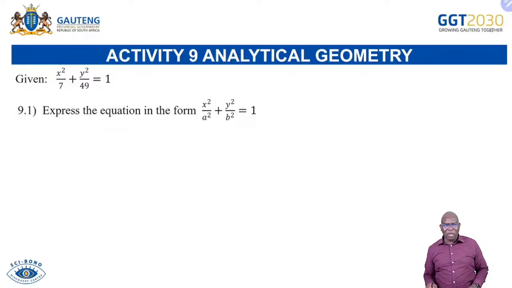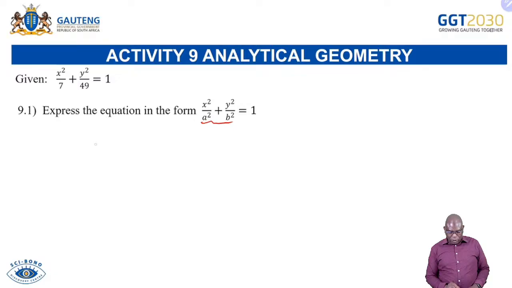I'm going to get the square root of 7, which is between 2 and 3, since the square root of 9 is 3 and the square root of 4 is 2. So 7 will be between those two numbers. The first thing they will ask you is to write it down in this form. Why? Because they want to make sure that when you draw your ellipse, you are drawing it with the correct x-intercept and correct y-intercept. That's the aim of asking you this question.